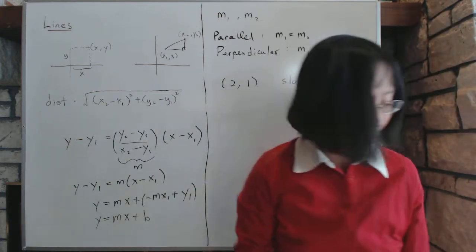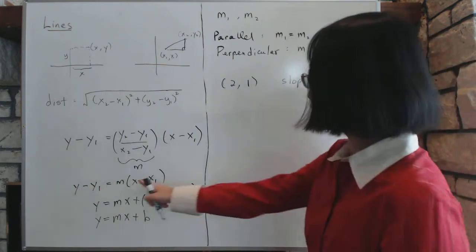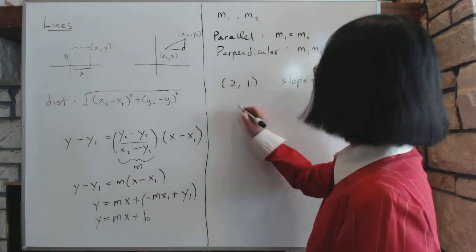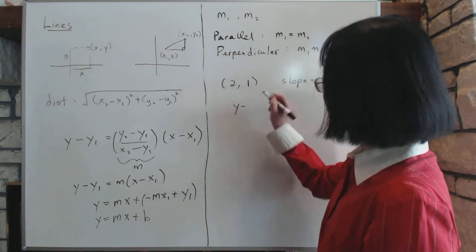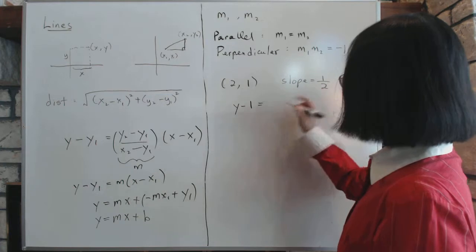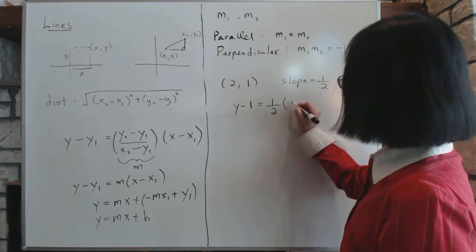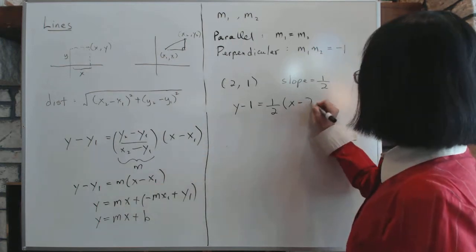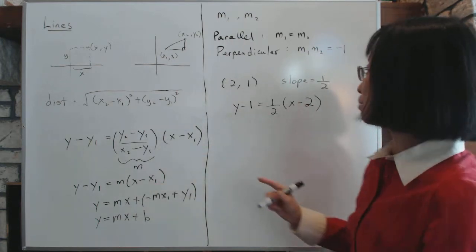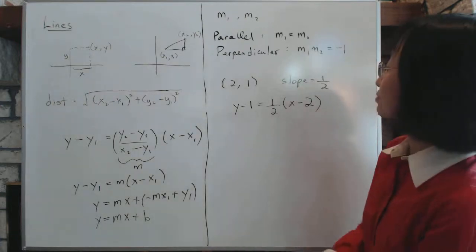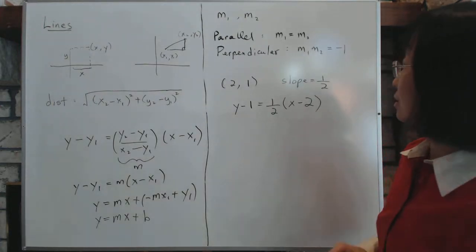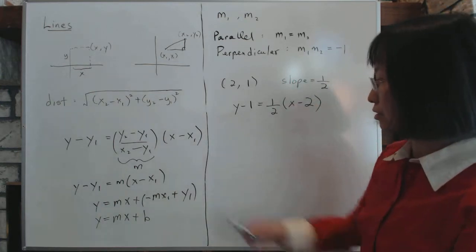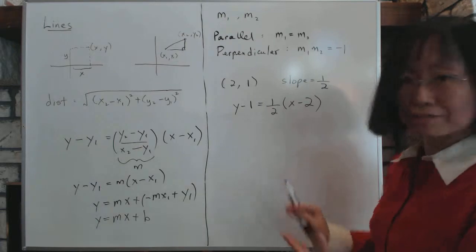How do you do that? You pick the formula that has a slope and a point in it. So you have y minus the first constant, which is 1, equals the slope, which is 1/2, times x minus the second constant, which is x1, which is 2. Then you can clean this up a little bit, and that would be your answer. In general, this kind of problem is very direct. You just use one of these formulas and everything will come right up.